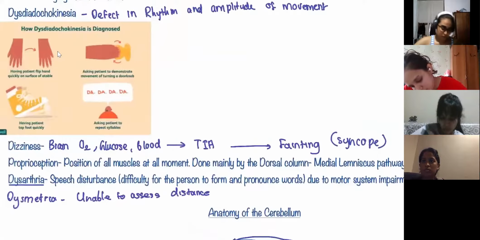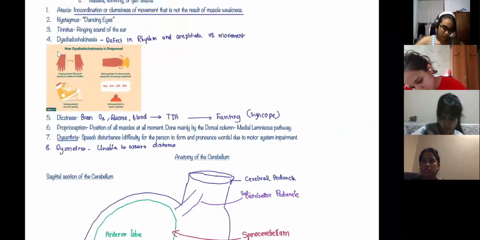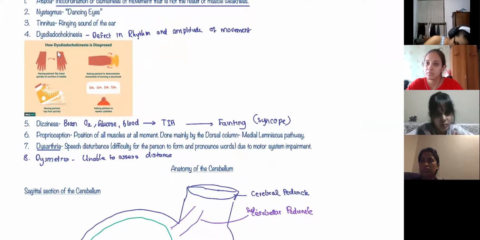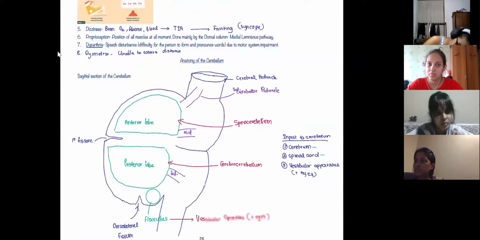What does that mean? Dysmetria is when you ask the patient to bring the hand and keep it like this. He will not be able to keep it properly. He will be going all over the place.